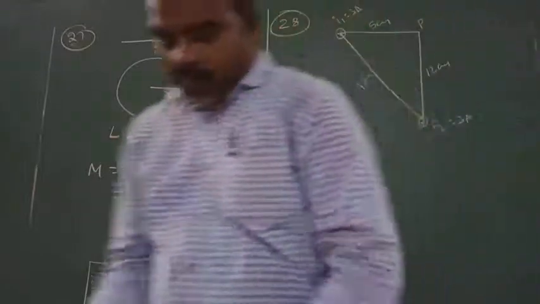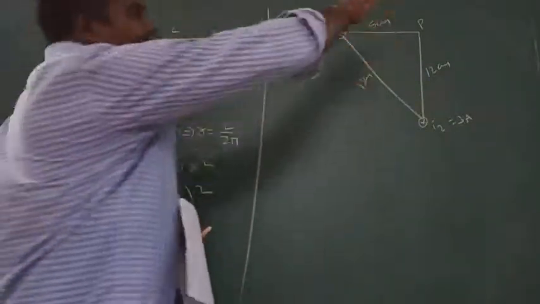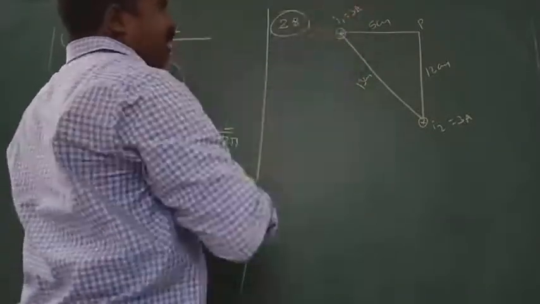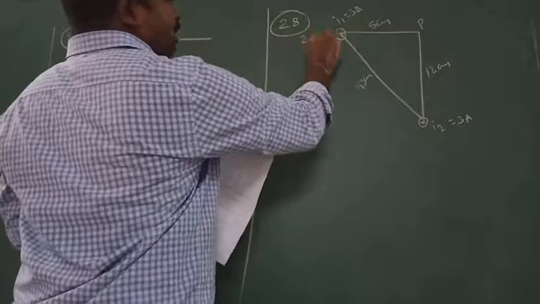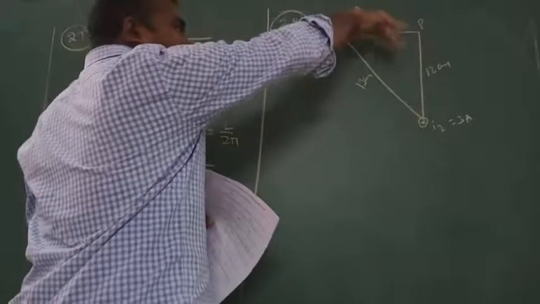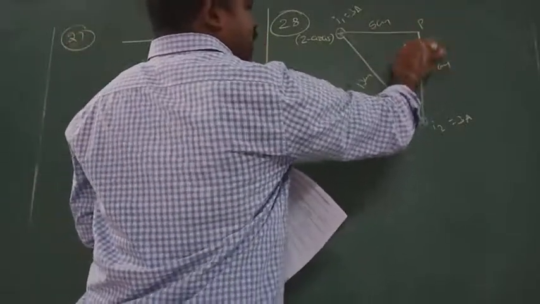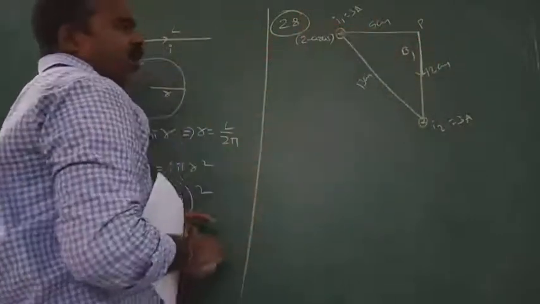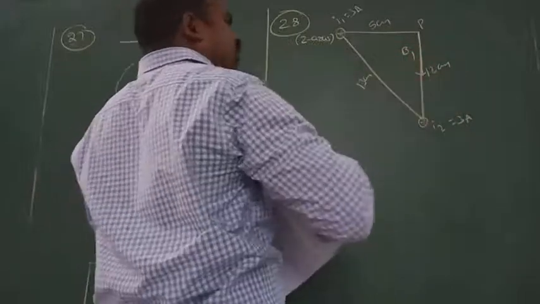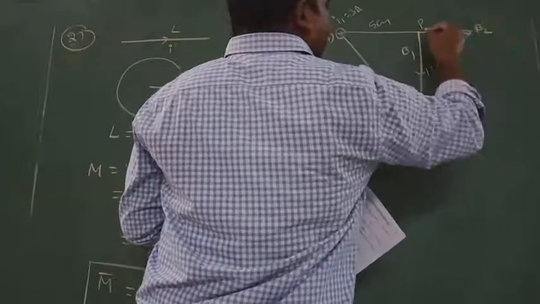Here the current carrying conductors have current going inward, like the z-axis. At that point the magnetic field due to the current I1 is downward. At point P, the magnetic field due to the other wire is in this direction.